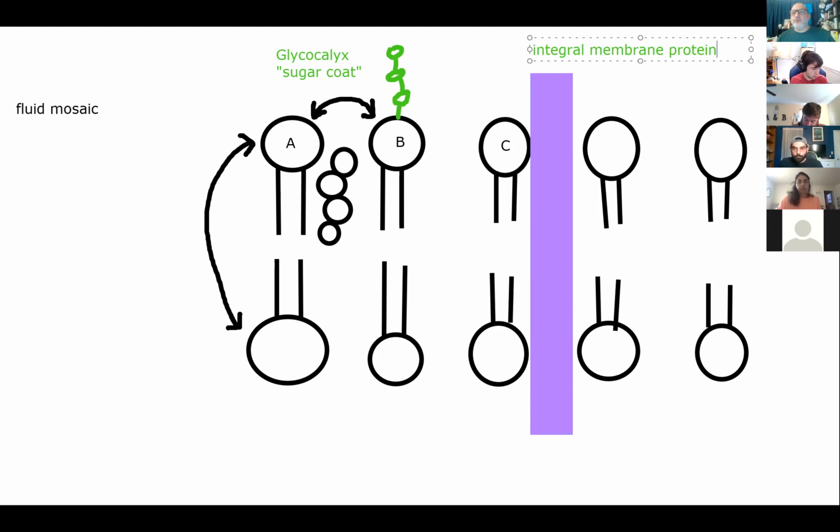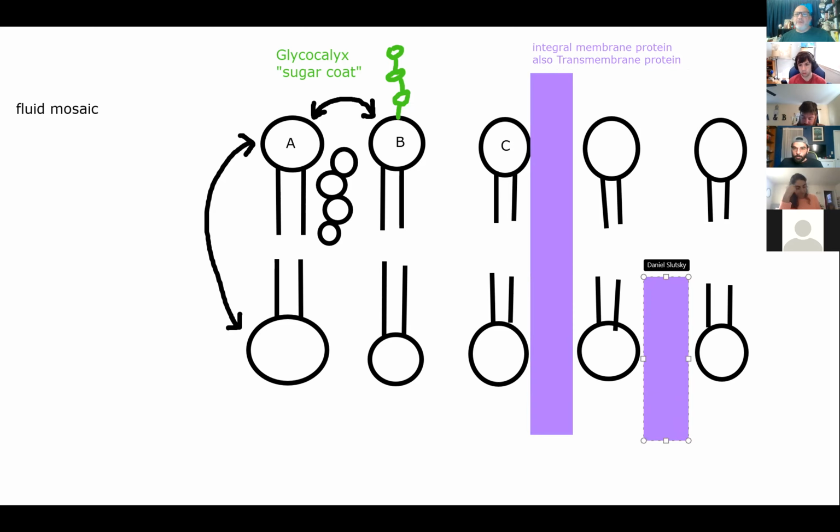But because it goes through both layers, we would actually also call this a transmembrane protein, because it goes all the way through. Others may just be embedded within one layer. This is still an integral membrane protein because it is embedded within one part of the phospholipid bilayer. But obviously this one's not going through both layers, so it is not a transmembrane protein.